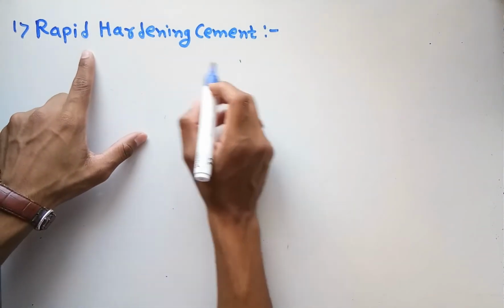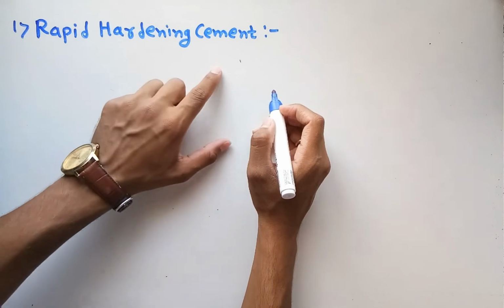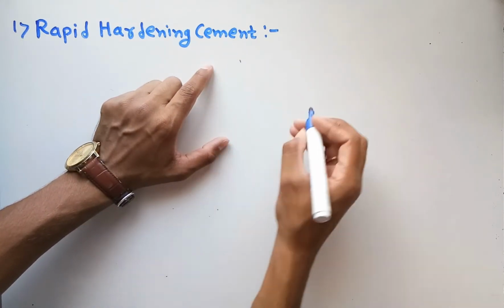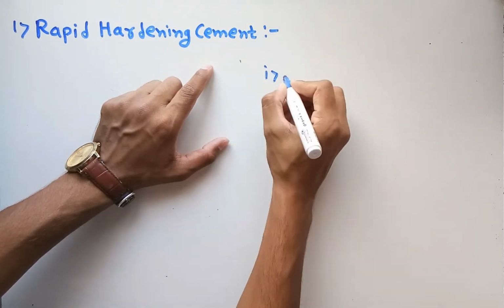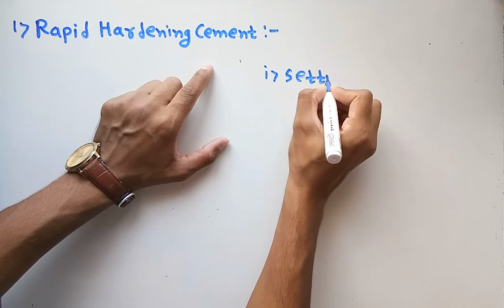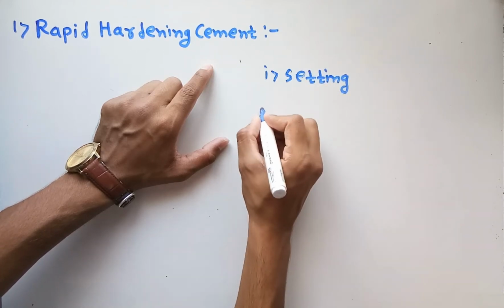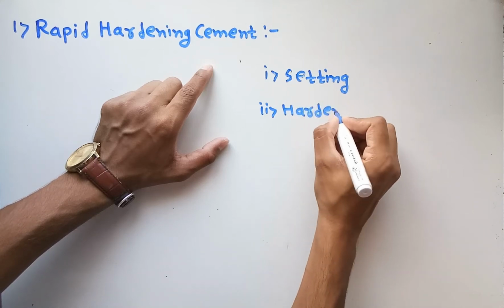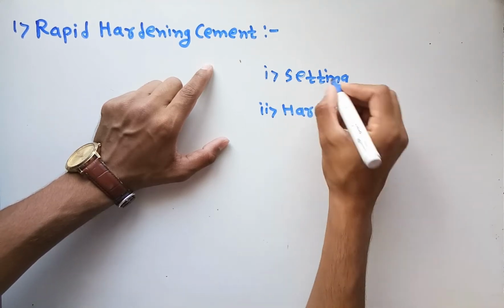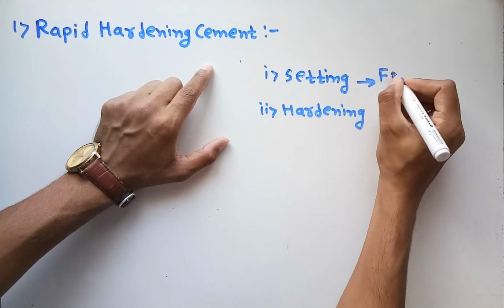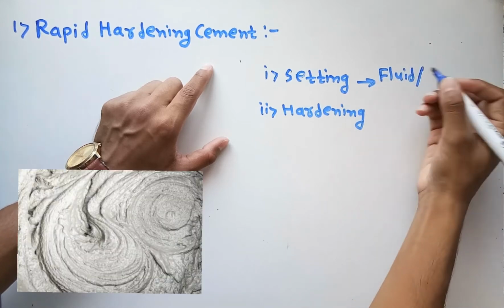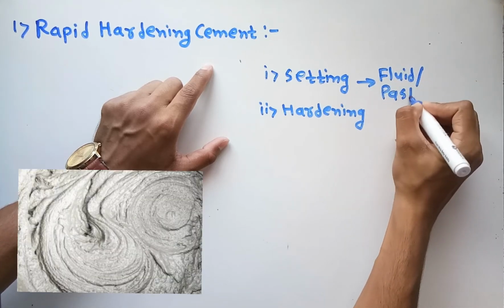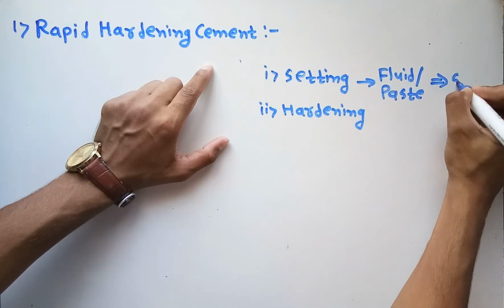But before going into the details of rapid hardening cement, we will see two basic properties of cement. First one is setting of cement and the other one is hardening of cement. In the setting, whatever our fluid or paste, it gets converted into the solid form.